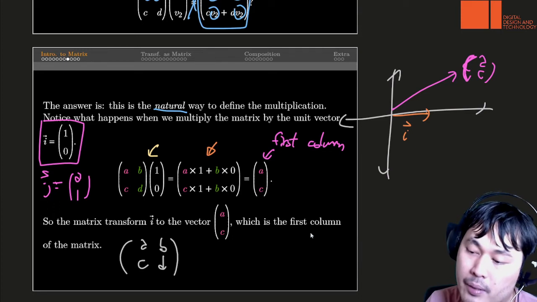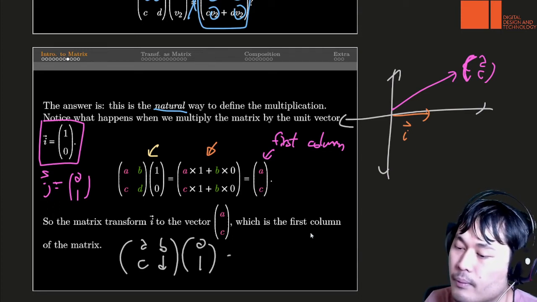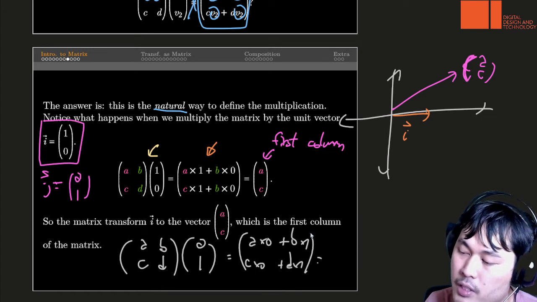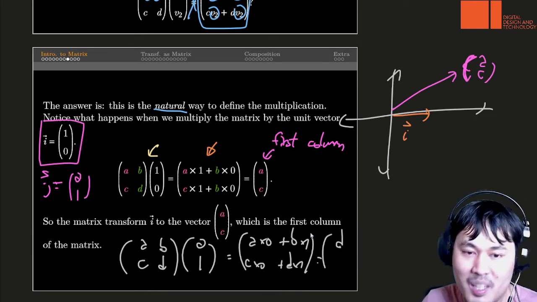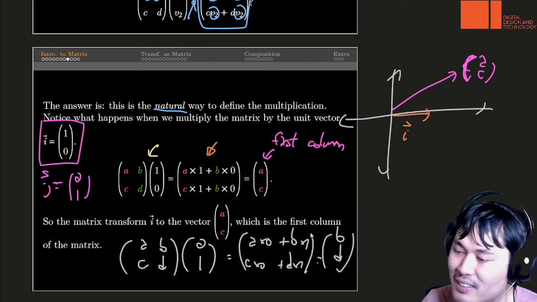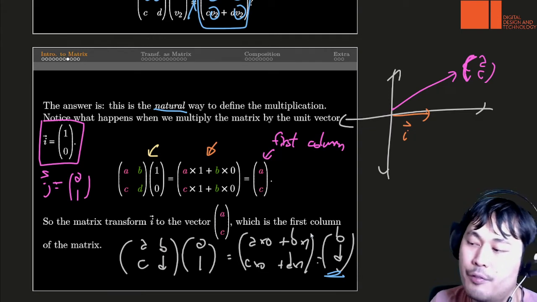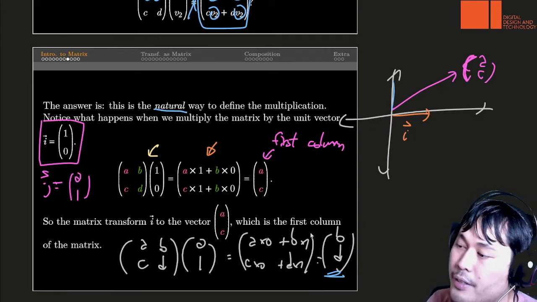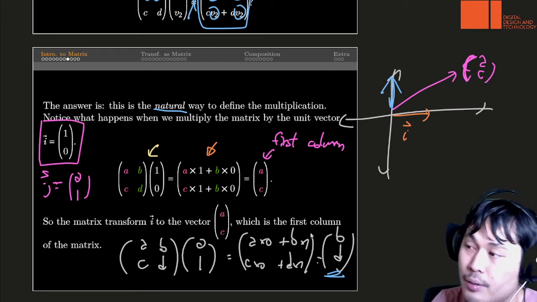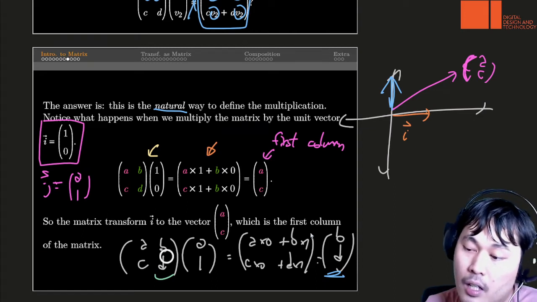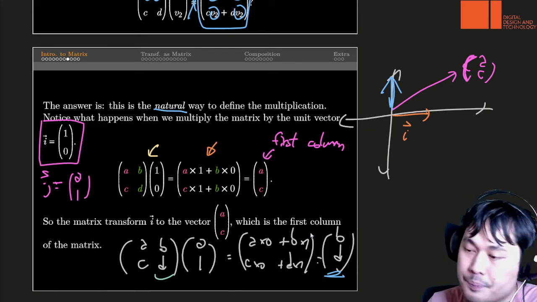If you multiply the matrix by the vector 0, 1, then using the formula we have A times 0 plus B times 1, C times 0 plus D times 1, which gives you B and D. So again, if you multiply this matrix by the vector J, which is the vector that points upward, the result gives you the vector that is the second column of the matrix.